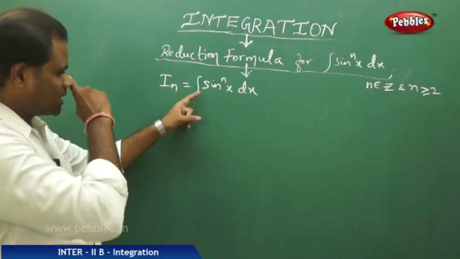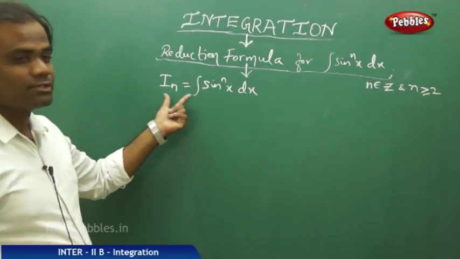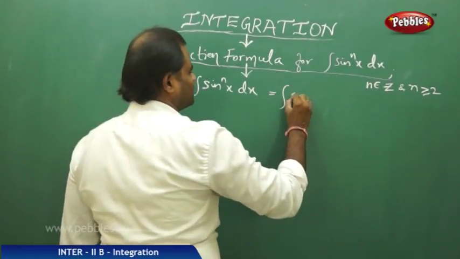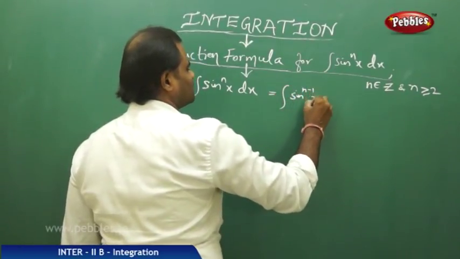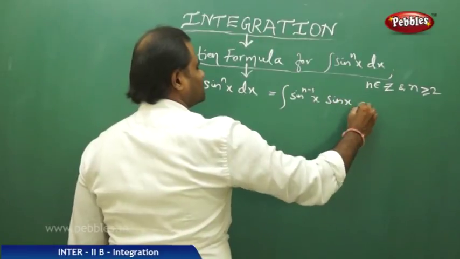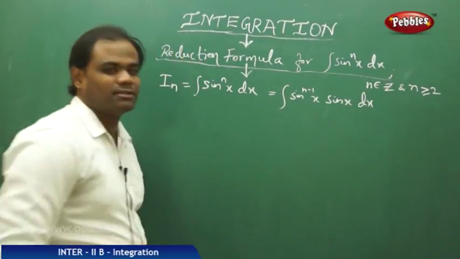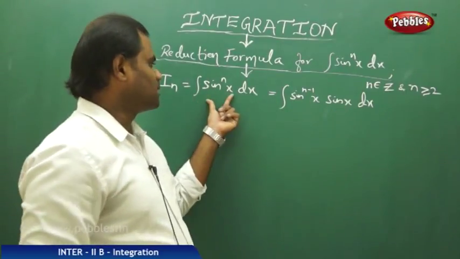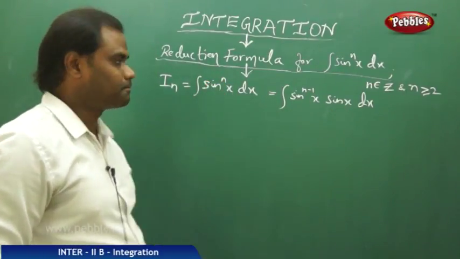So the integral of sine power nx dx is assumed as In, and then sine power nx can be written as sine power n minus 1 x into sine x using the laws of indices. A power m times a power n is a power m plus n, which reduces to n.